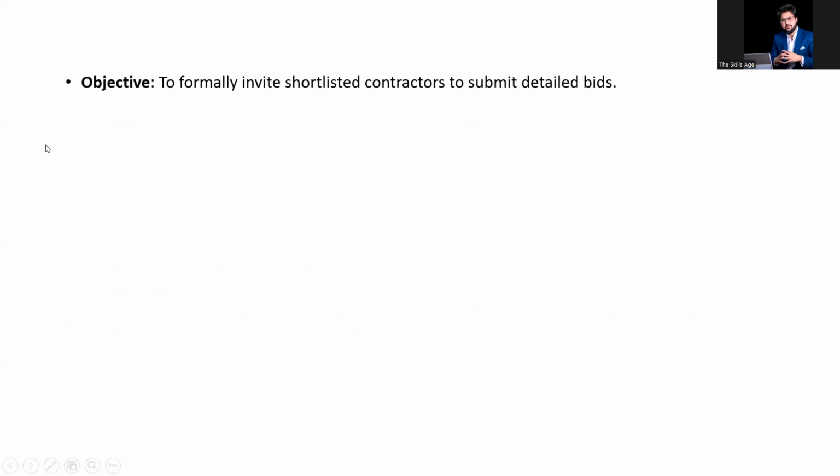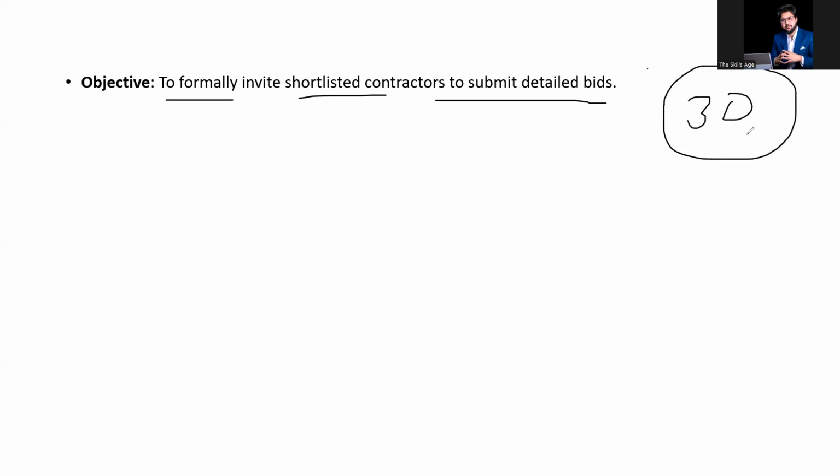Invitation to tender. The objective of this second stage is to formally invite shortlisted contractors to submit detailed bids. Let's say in the first stage there are 30 contractors, and now I can see that only 10 contractors can meet my requirements.